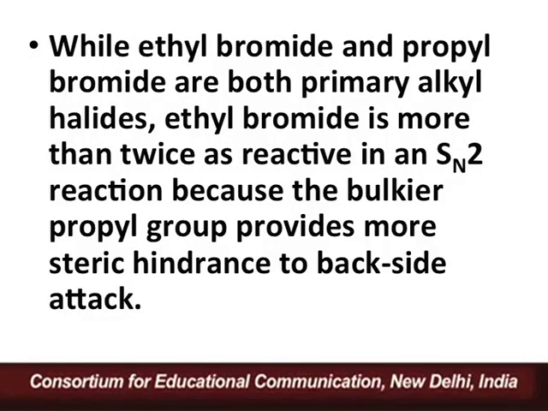For example, if we compare the nucleophilic substitution reaction of ethyl bromide with propyl bromide, both of which are primary alkyl halides, we find ethyl bromide is more than twice as reactive in an SN2 reaction because the bulkier propyl group provides more steric hindrance to the backside attack.